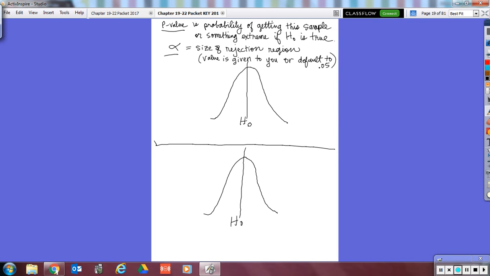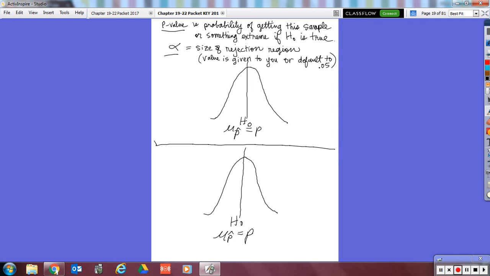Since in this chapter we're doing proportions, the center of all the p-hats would be around the population proportion, so the center of all the p-hats should center around that population claim p.